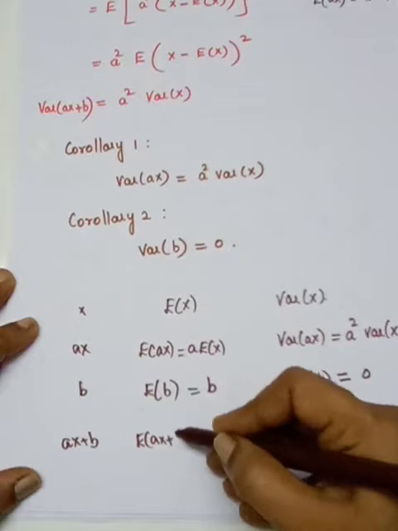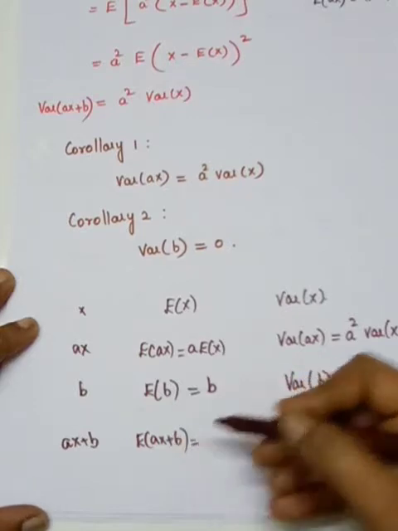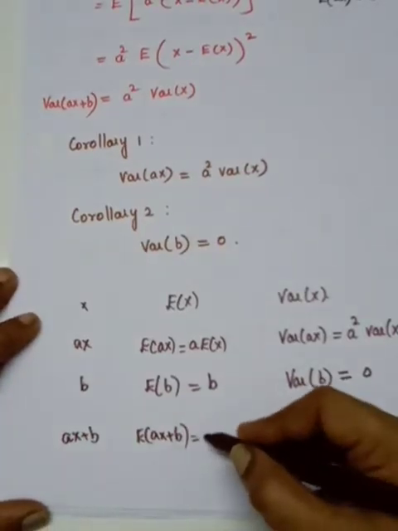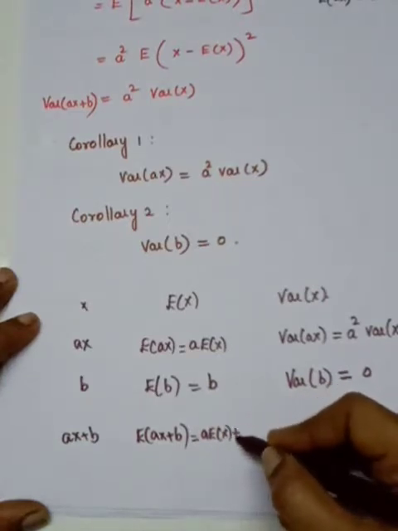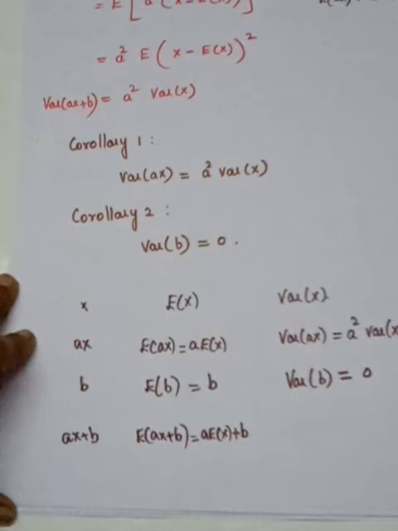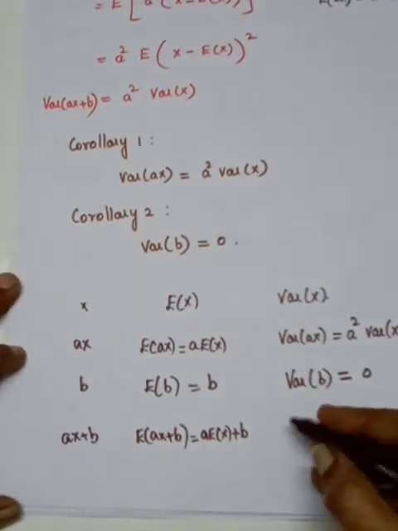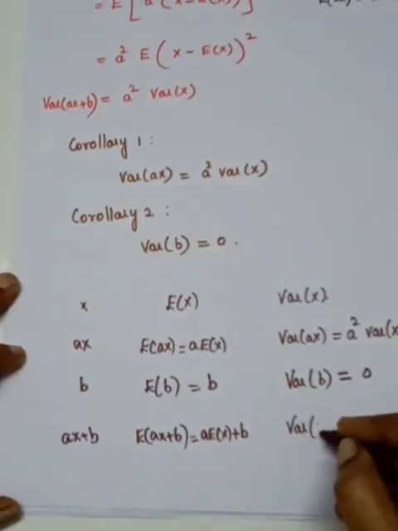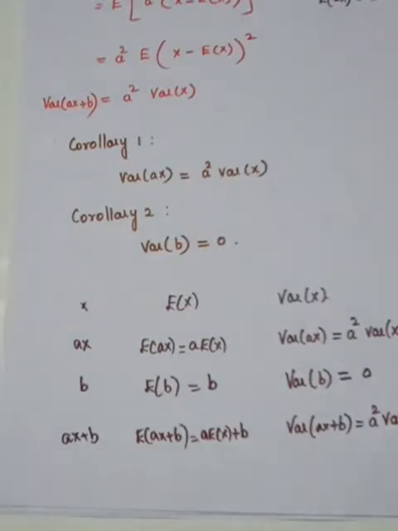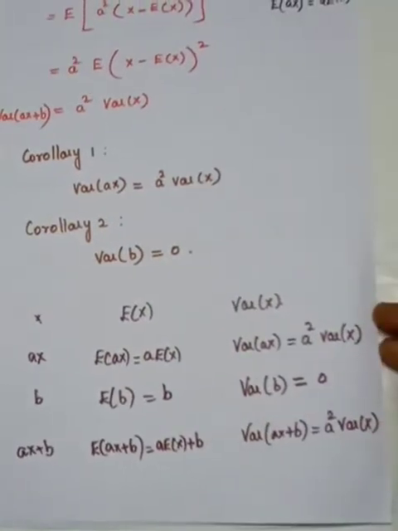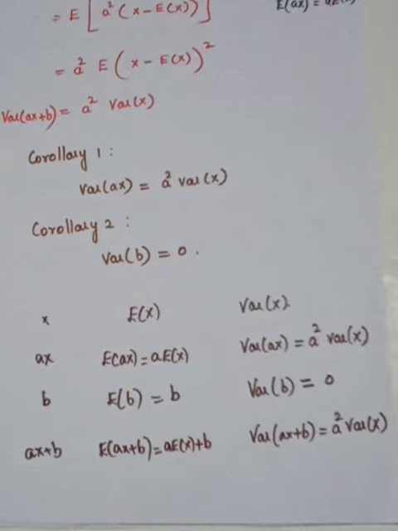It is equal to a into E of x plus b. Got it? What is variance of ax plus b? That is nothing but a squared into variance of x. Now if the constant comes, the variance of the constant is equal to 0.